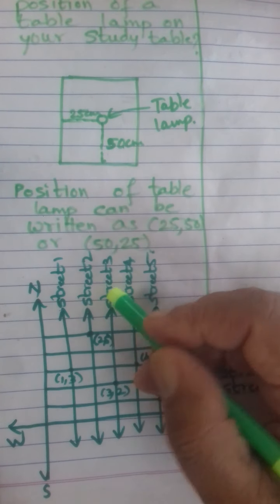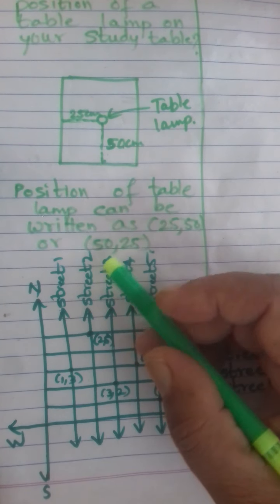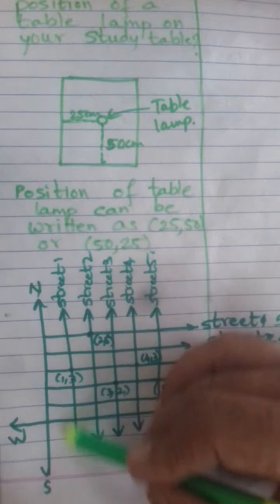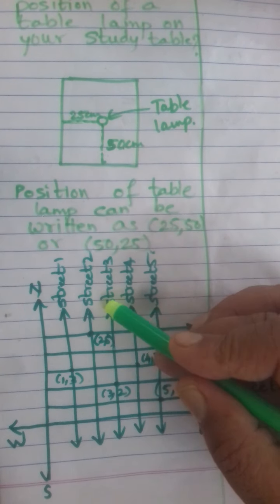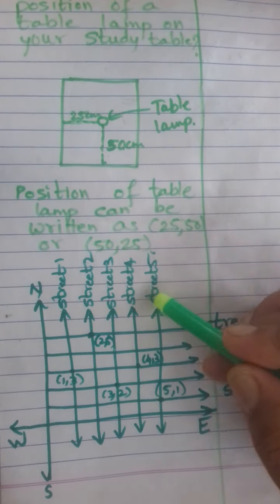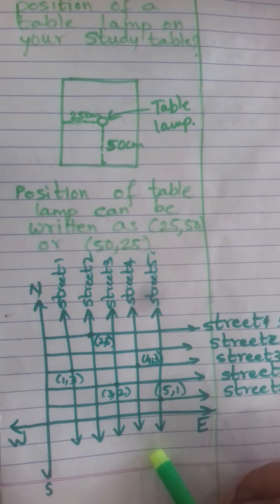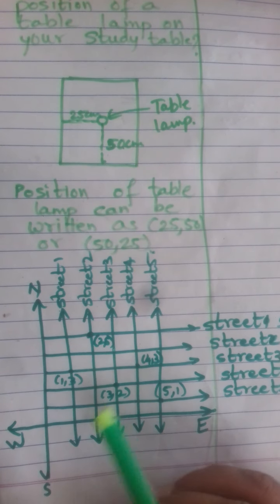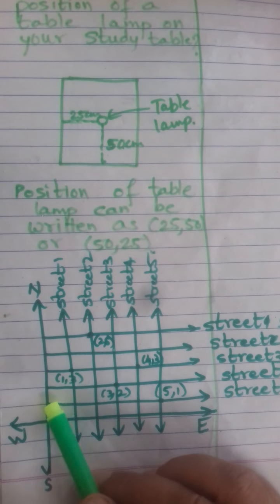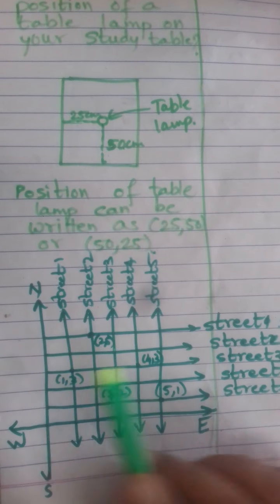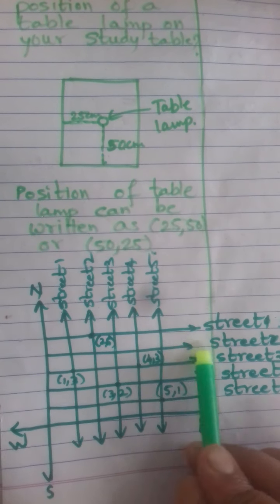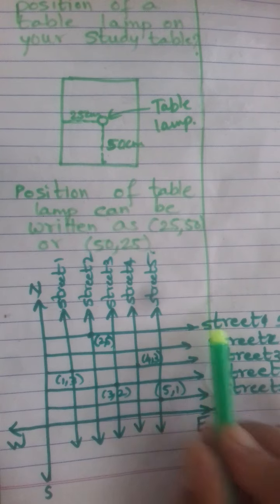So let us first draw the 5 streets along north-south direction: street 1, 2, 3, 4, 5. And now let us draw the 5 streets along east-west direction: street 1, 2, 3, 4, 5.